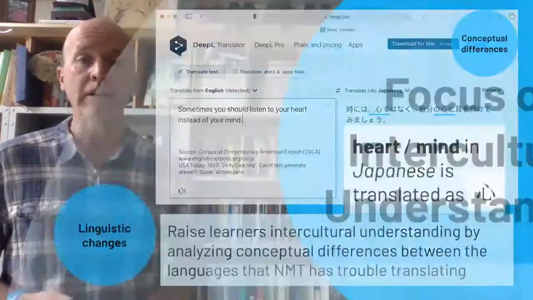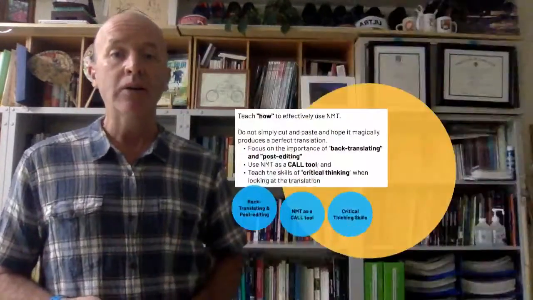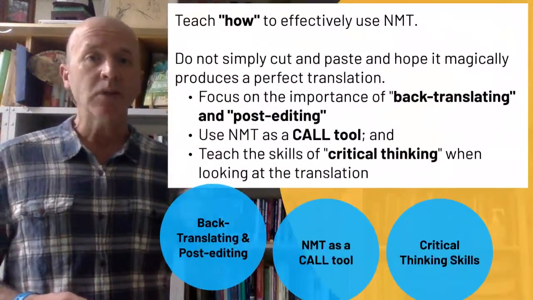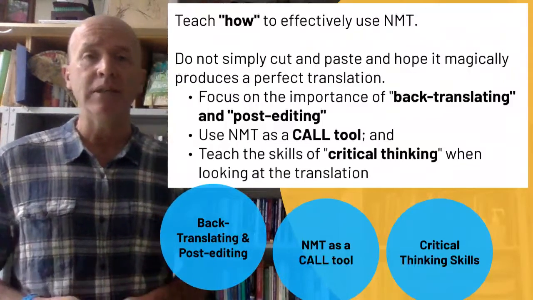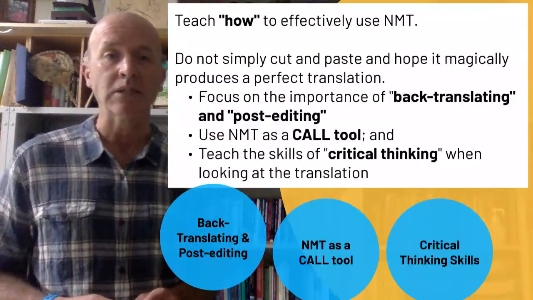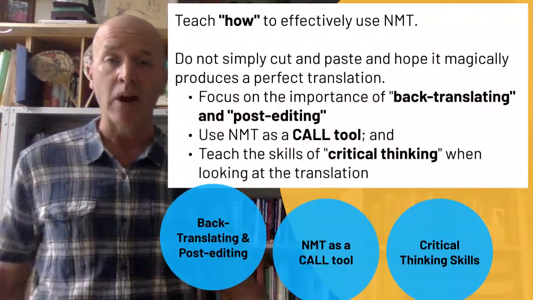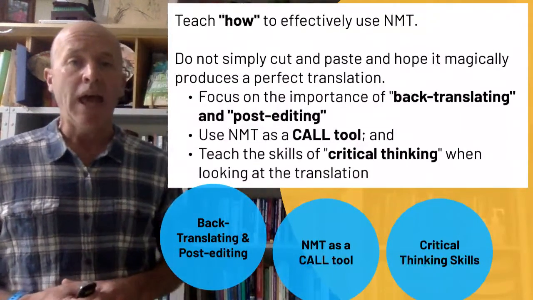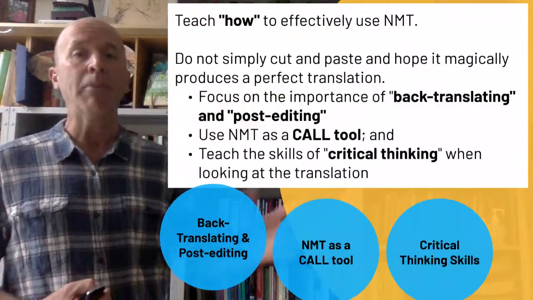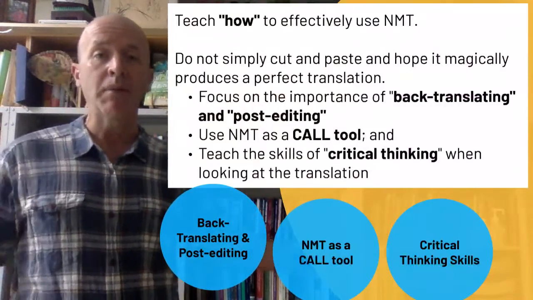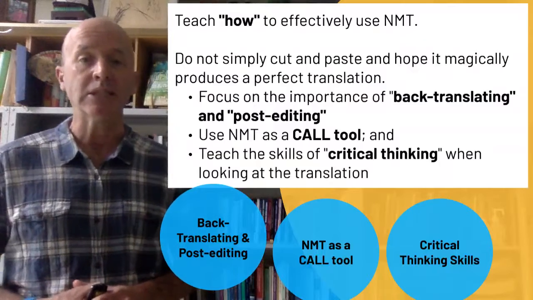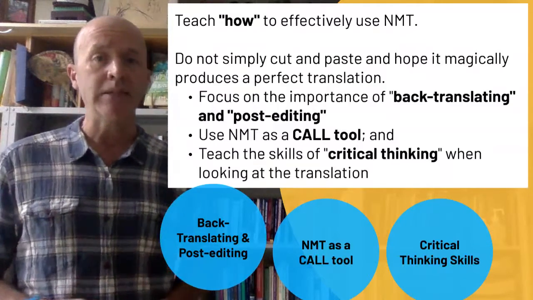And the final one here is this idea of critical thinking. And this is really kind of teaching how to effectively use neural machine translations in the classroom, especially, of course, with the classic 5-paragraph essay writing. And trying to get them not to simply cut and paste it and hope that it will somehow magically produce a perfect translation, but focus on a couple of techniques here.